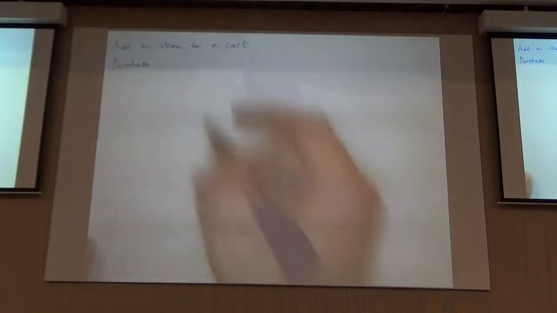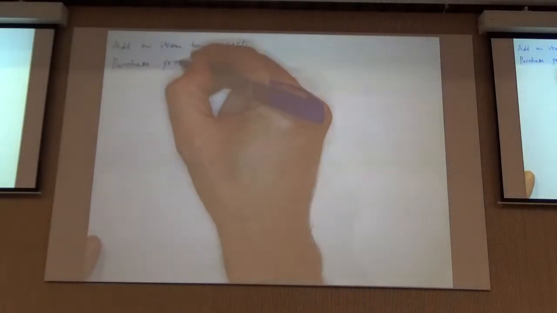To support the whole process of purchasing goods from an e-shop. Some other features? Purchase process, maybe. If I understand well, it might be a bigger feature.